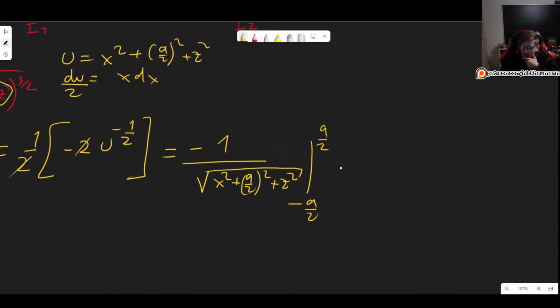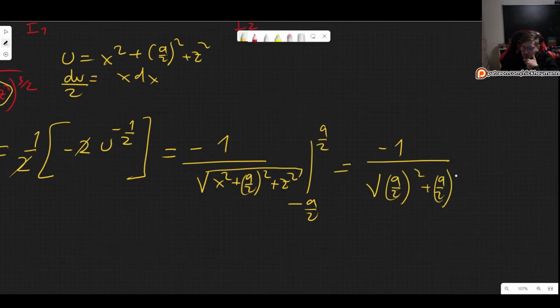Okay, so at a over 2, we get minus 1 divided by, and now we get a over 2 squared plus a over 2 squared. Now, each one of those is a squared divided by 4, so we get a squared plus a squared, which is 2a squared, so we get a squared divided by 2. So this thing is a squared divided by 2. All of this inside the square root, by the way.